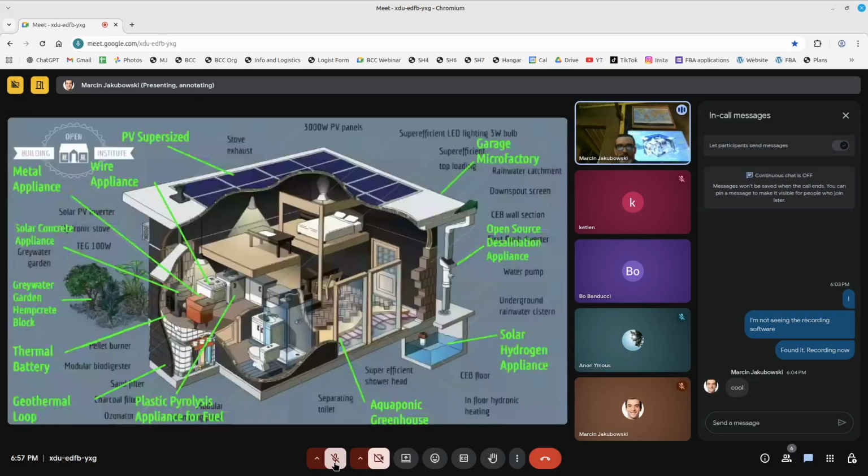But let's talk about some more freaky things, utilities that we proposed initially in 2016 with the view of the Open Building Institute. We proposed that a regular house would have photovoltaics.